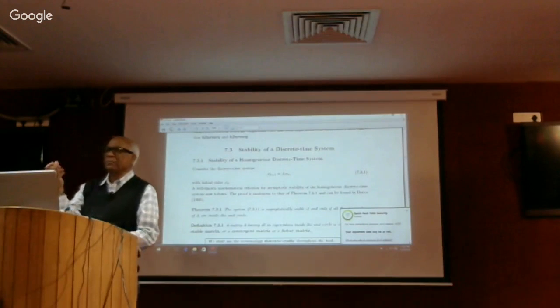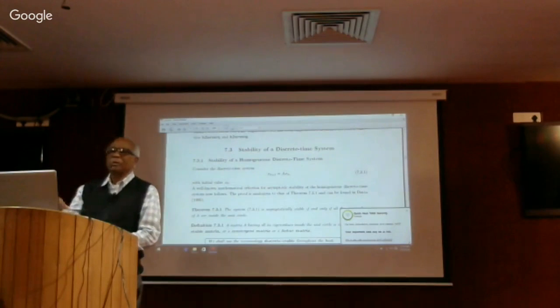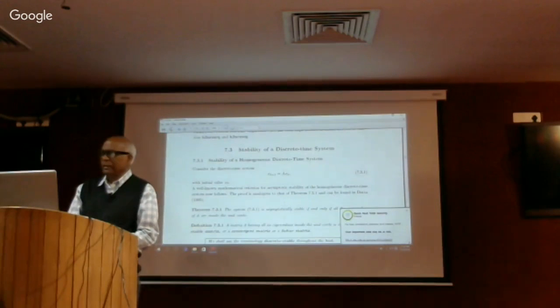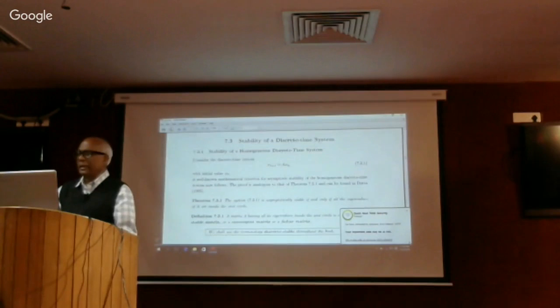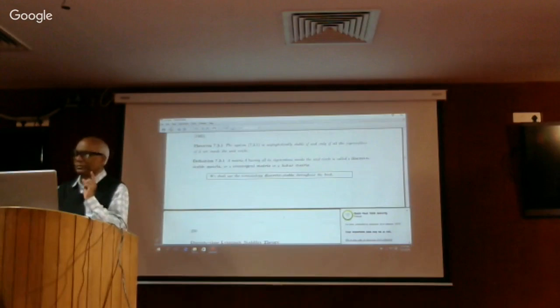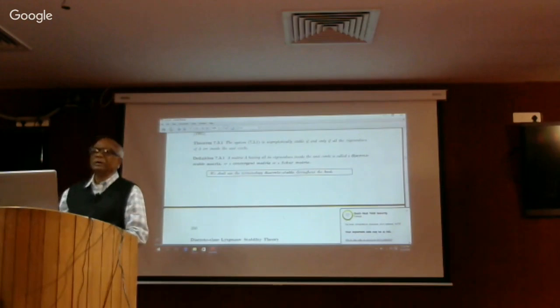So a discrete-time system is asymptotically stable if and only if all the eigenvalues are inside the unit circle. Again there are some classical tests. Again the same remark applies: to test the stability of a discrete-time system, all you have to do is compute all the eigenvalues and see whether they are all inside the unit circle.